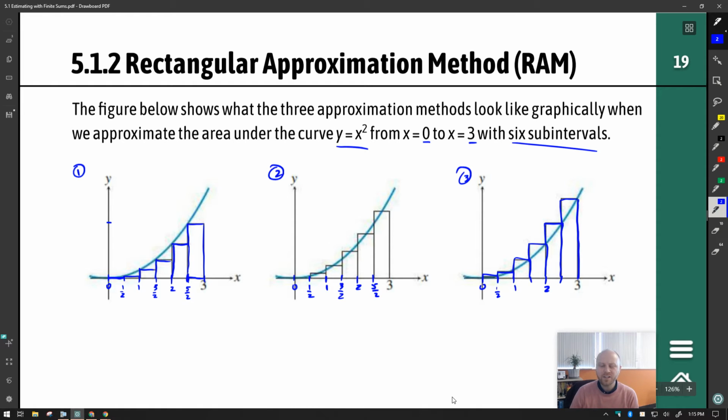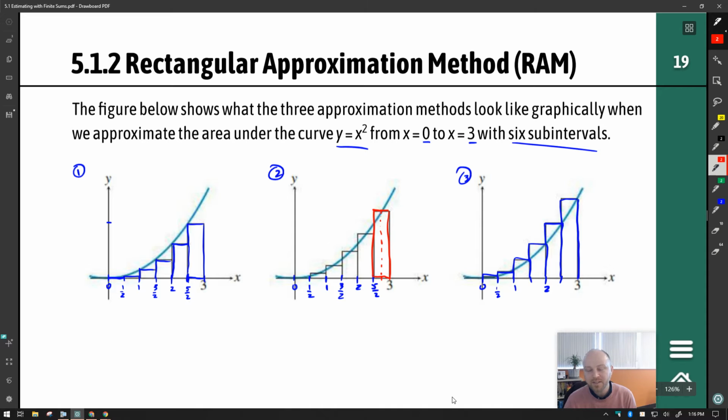But the height of each of these rectangles was not drawn from the left or right sides of the subinterval. It was actually drawn from the middle. And you can see that here between 5/2 and 3. We take a look at the number in between those, and we can move up to the top of the curve. And now, instead of going over left or over right, you do both. And that is how you get your height.